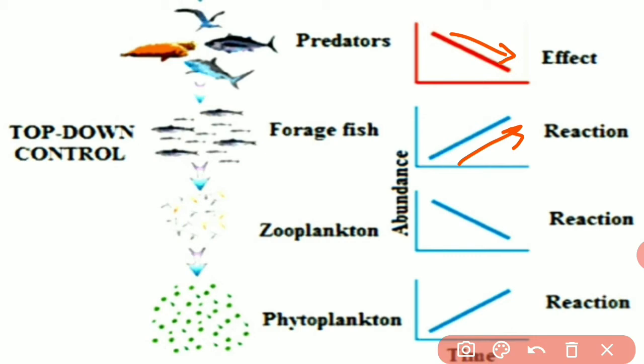So automatically the zooplankton population will decline. Clear? And in the last trophic level, the low population of zooplankton, which feed on phytoplankton, results in a high population of phytoplankton, which is indicated by this upright graph. Clear? Hope this is clear for you. So this is the top-down control.